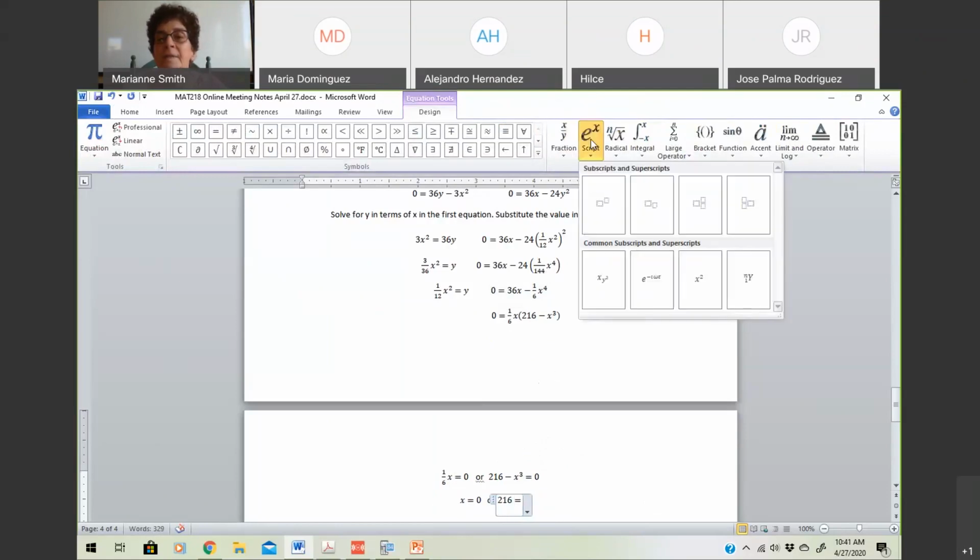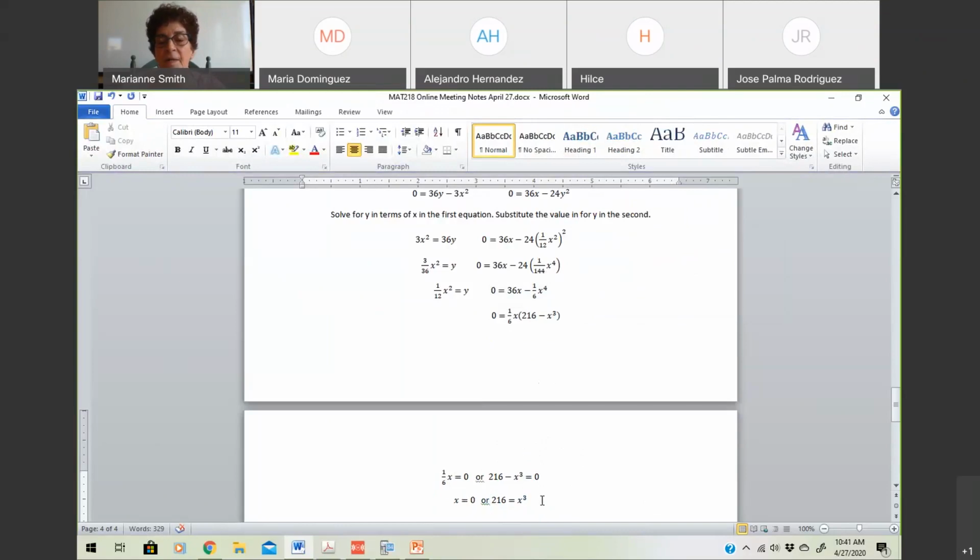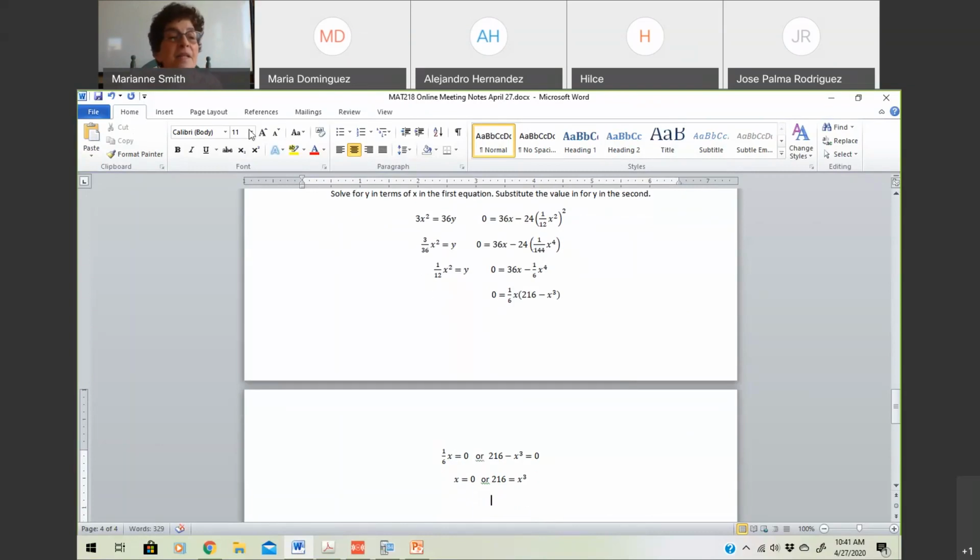So I'm just getting my x cubed on the other side, and it's positive. Then I'm going to take the cube root on my calculator of 216. That's on your math menu. It's actually number 4. So you take cube root, put 216 in there, and I get a 6. Remember the cube root is going to have the same sign as the number you're taking the cube root of.